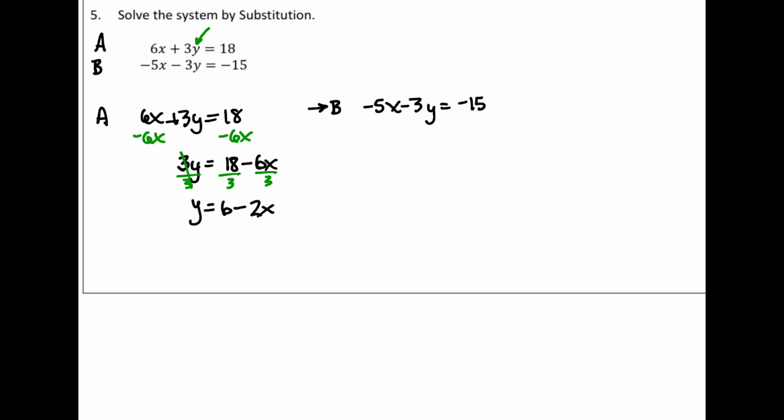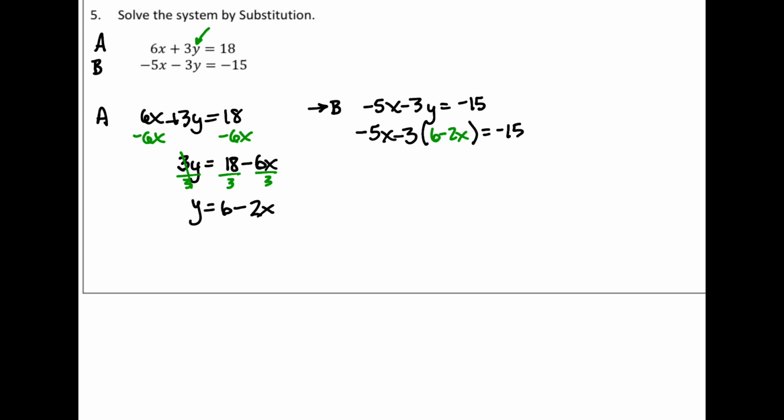And now I'm going to put that whole thing in here for y. So I end up with negative 5x minus 3 times y, and y is 6 minus 2x, equals negative 15.